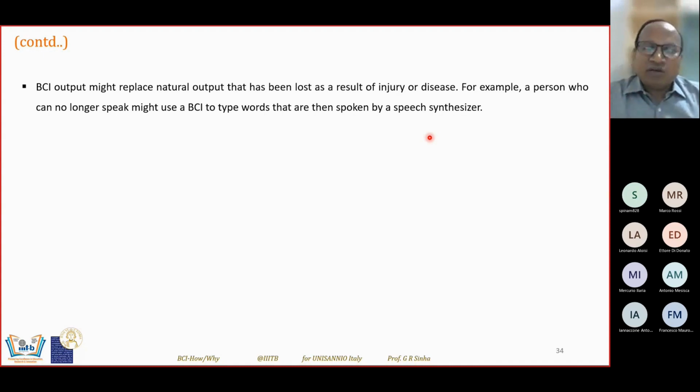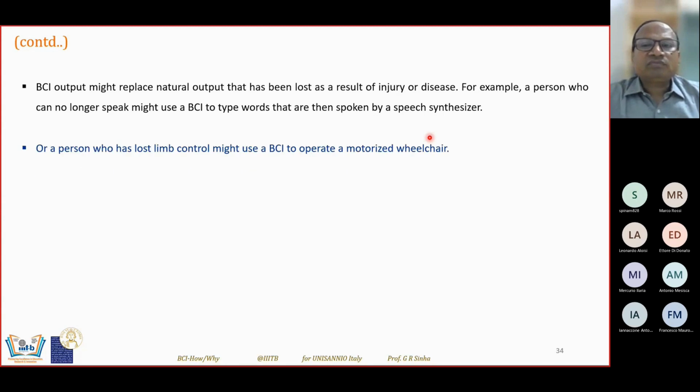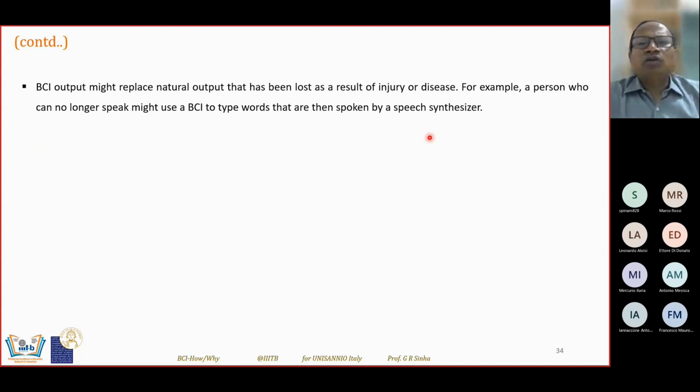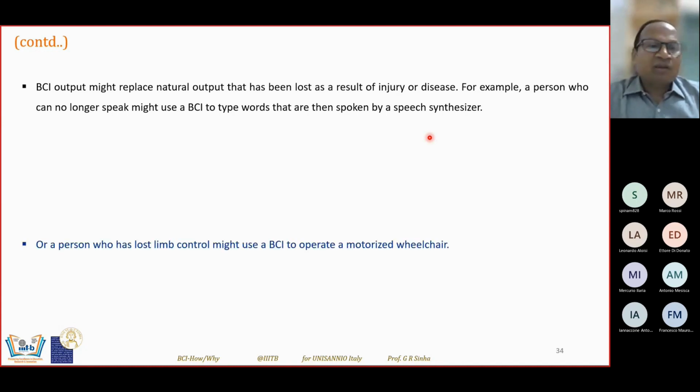So this is one area where you are giving a replacement solution. The person who is not able to speak is speaking with the help of a machine. And I understand you all know there are a number of online translators and converters: if you give your voice as input, you will get text, or vice versa.